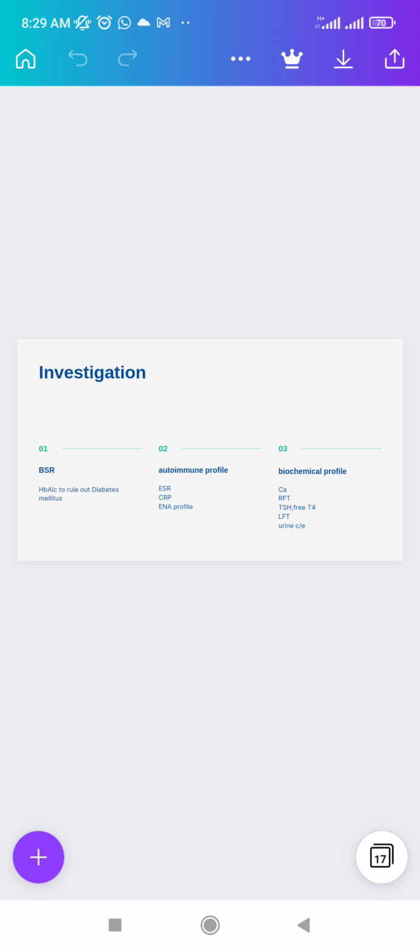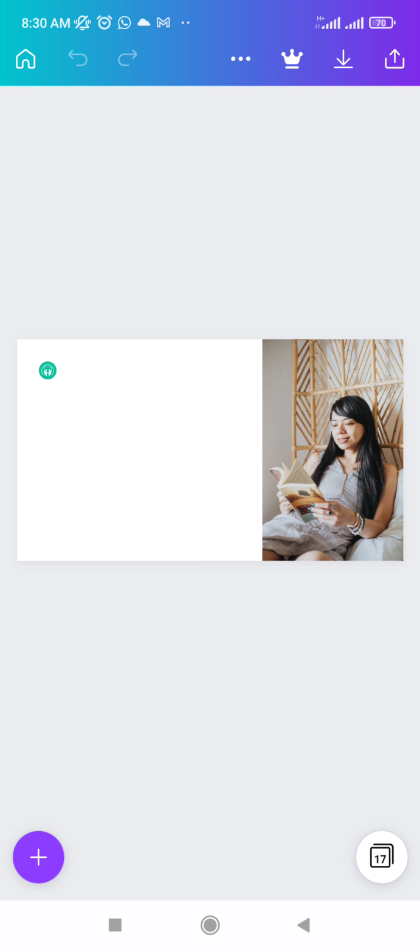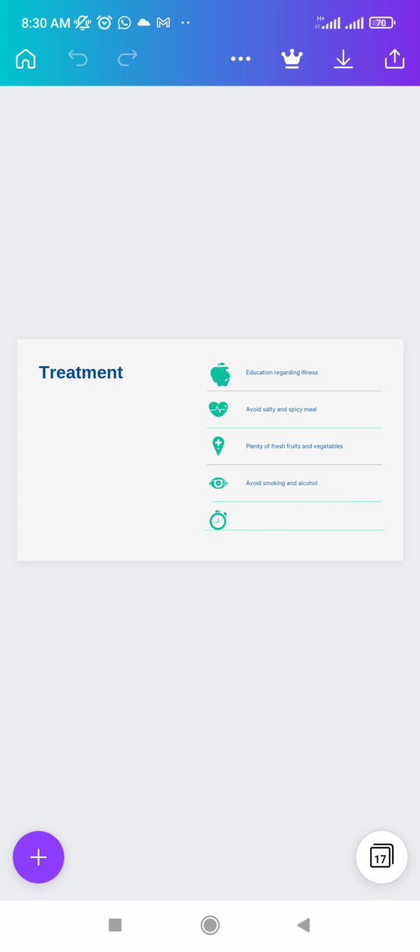Then after the investigations, you will be able to make the diagnosis. There may be a diagnosis of anxiety, the most common cause of medication-related xerostomia, or there may be an autoimmune disease. Then treat according to the diagnosis.